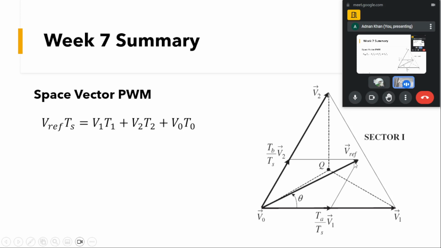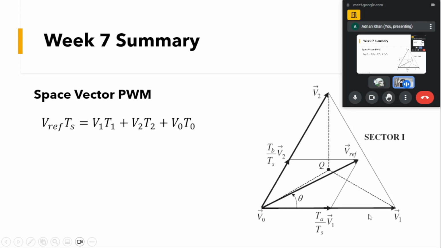Now if this vref aligns with v1, that means at that moment t2 will be equal to 0 and t1 will be greater than 0. That means we won't be switching the v2 vector at all. We will be switching the v1 vector only. Similarly, if this vref is aligned with this v2 vector, at that time we will be switching the v2 vector only, and the v1 vector we won't be switching at all.